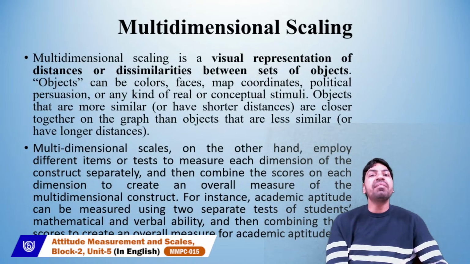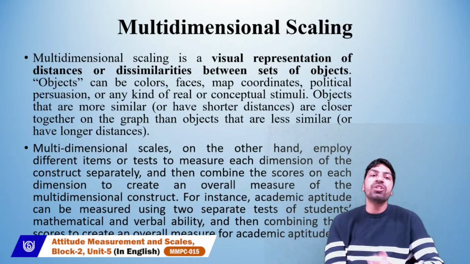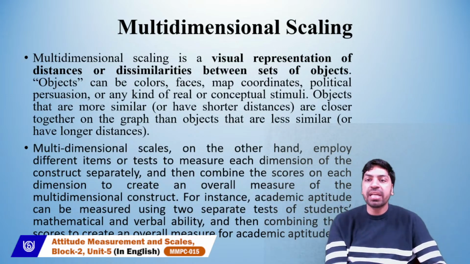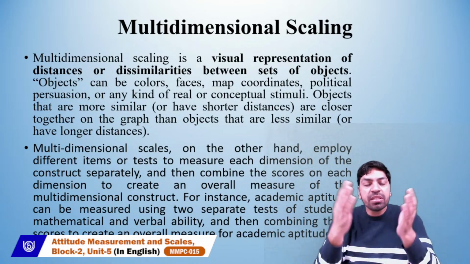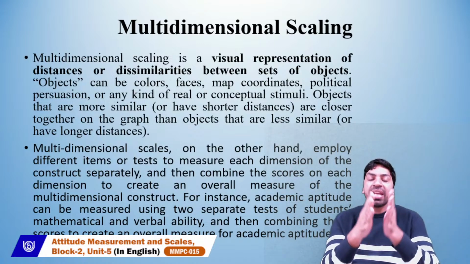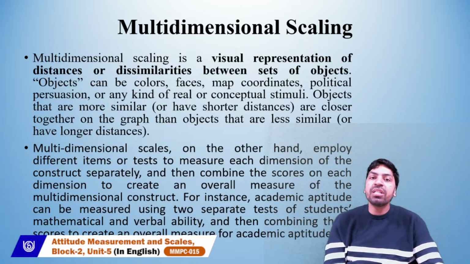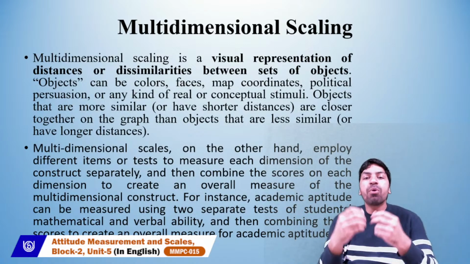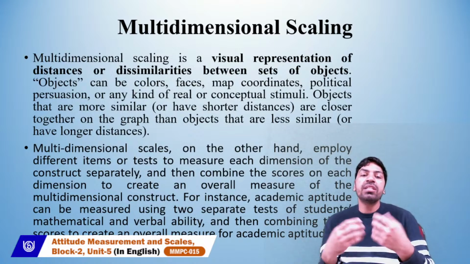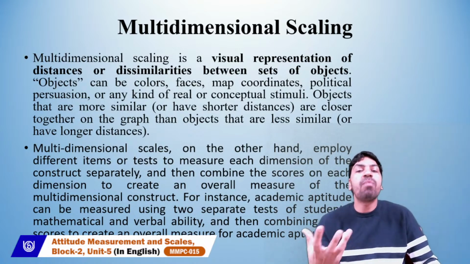Next one is multidimensional scaling. Multidimensional scaling is a visual representation of distances or dissimilarity between a set of objects. When you look up something on Google, a verification image test comes up, and you have to identify in a particular set which images occur in which boxes.